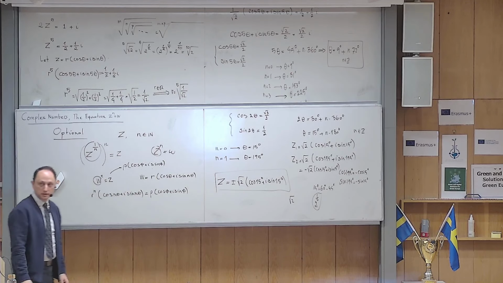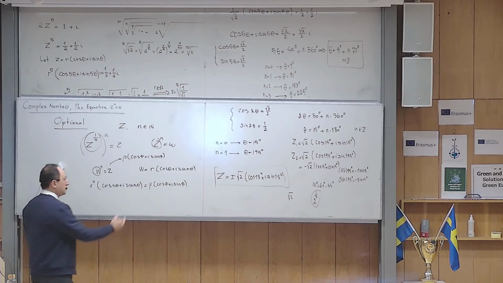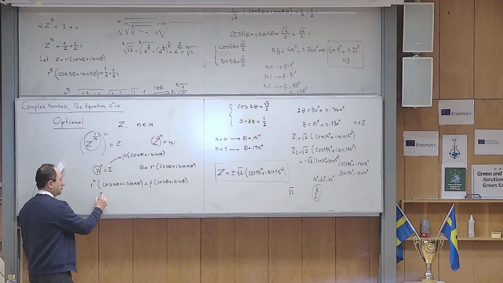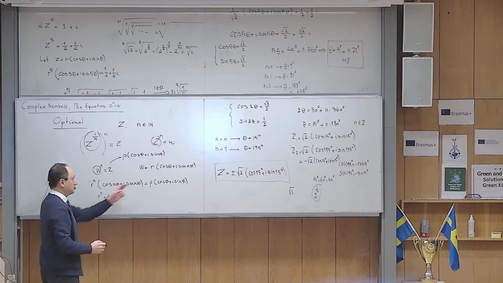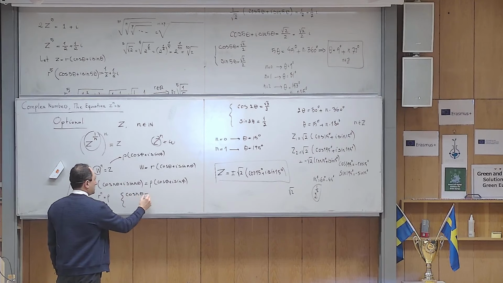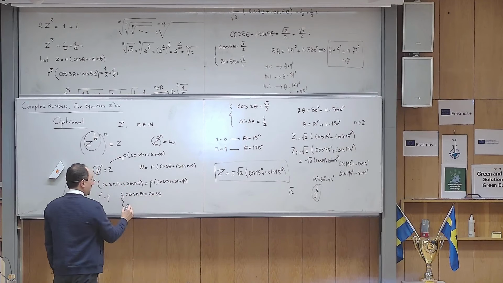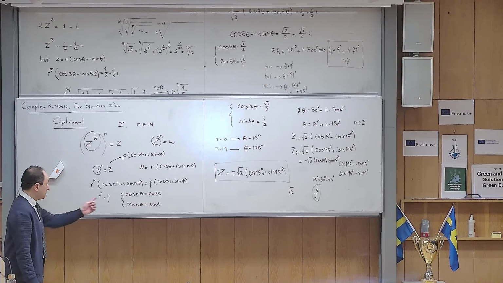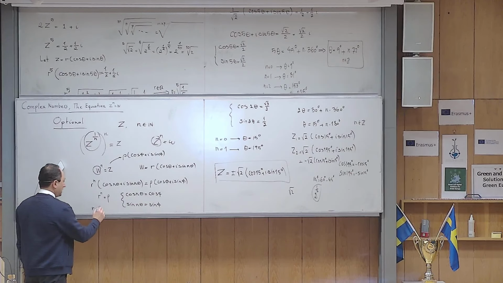But it is not hard to see. The left-hand side is supposed to match with the right-hand side, so the absolute value of the left should match with the absolute value on the right. And then I will have a system that cosine n theta should be cosine phi, and sine n theta should be sine phi. From here, r is the nth root of rho.